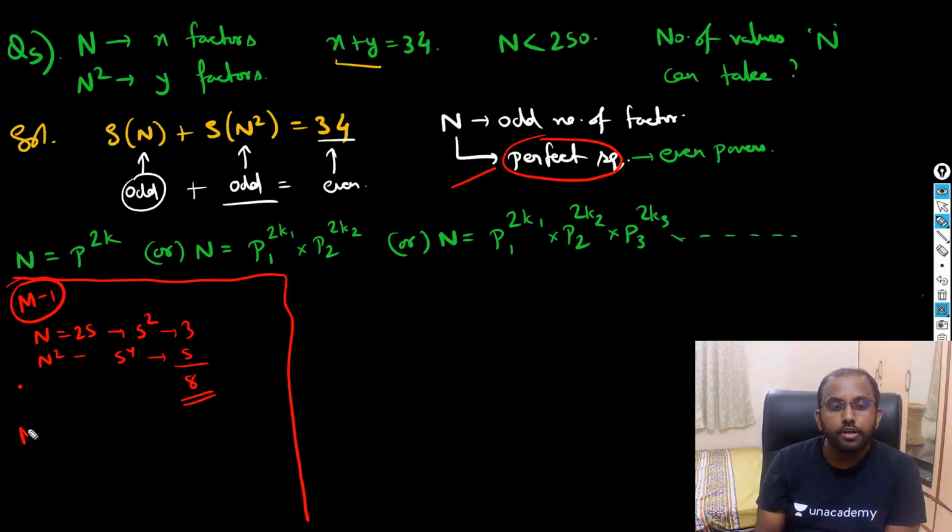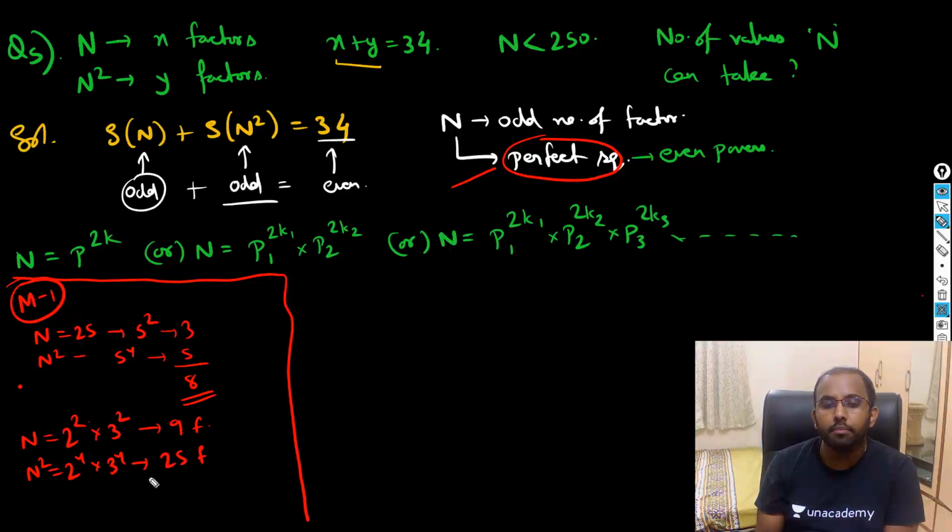So I can take an example of splitting into 2 primes. The least value is something like n equal to 2 square into 3 square. If n is of this form, then 3 into 3 gives 9 factors, and n square is 2 raised to 4 into 3 raised to 4, that is 5 into 5, 25 factors.